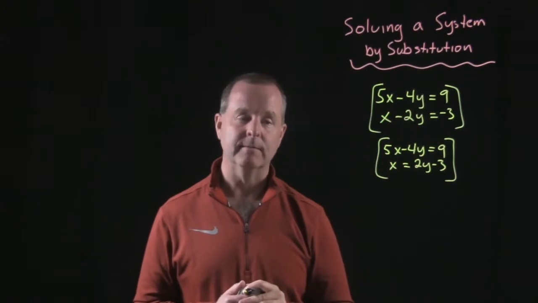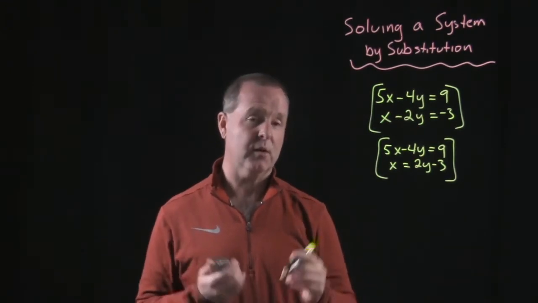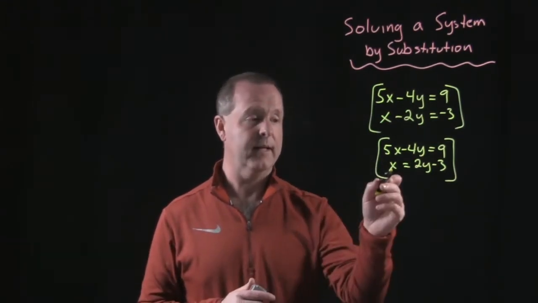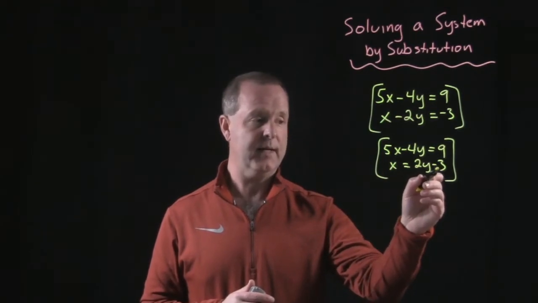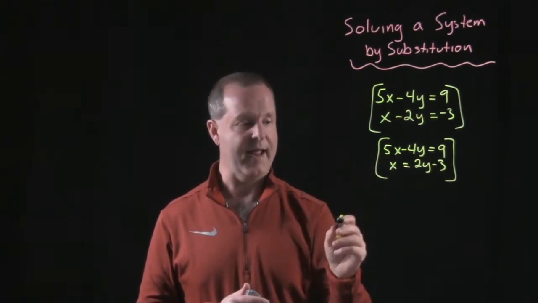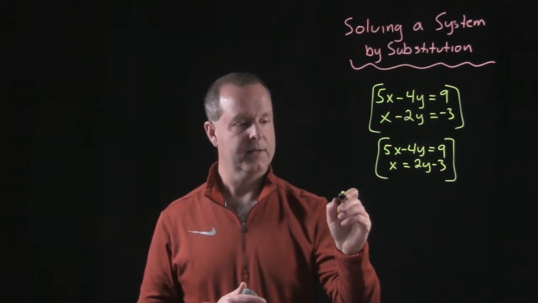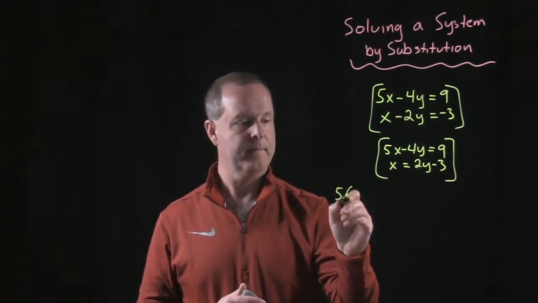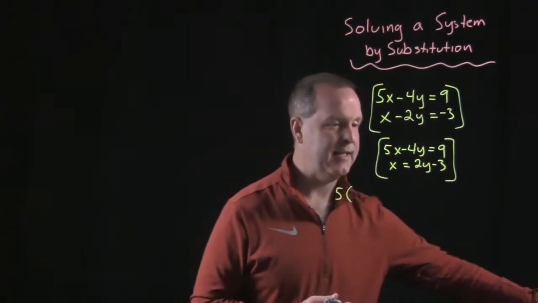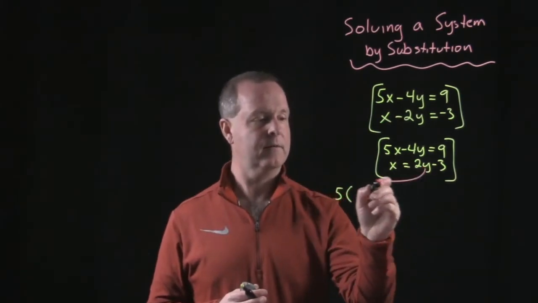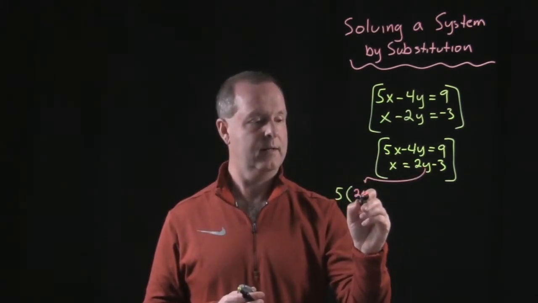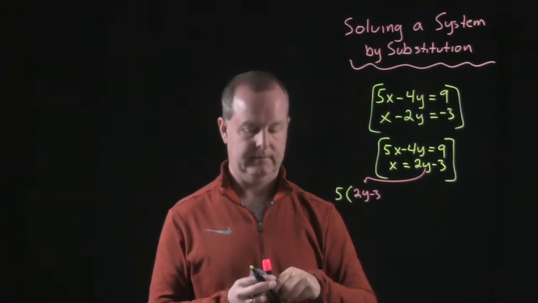So what do you want to do now? Yeah, I think we're ready just to substitute very clearly. This x is 2y minus 3. Let's put all of that in for the x in the first equation right there. So I'm going to write it as 5 times parentheses, because I'm going to add this entire 2y minus 3.